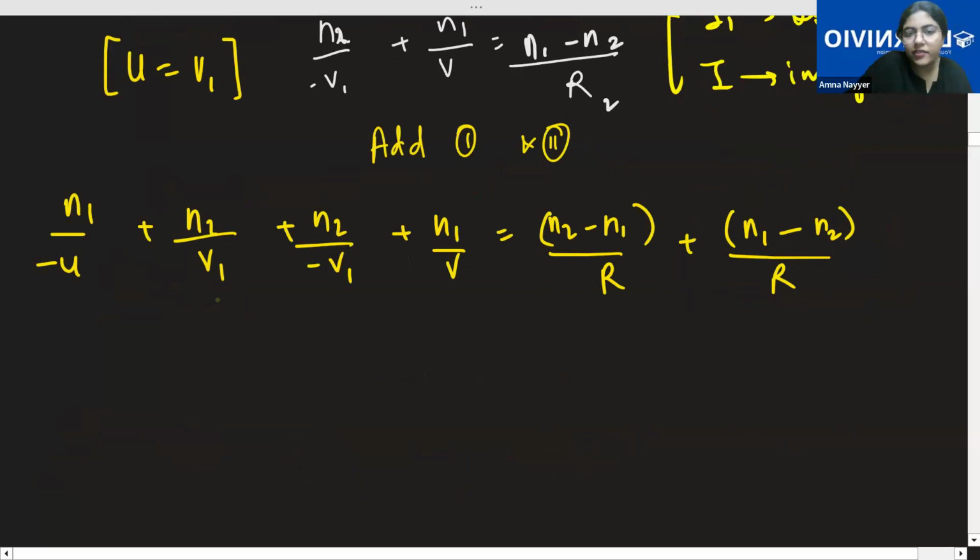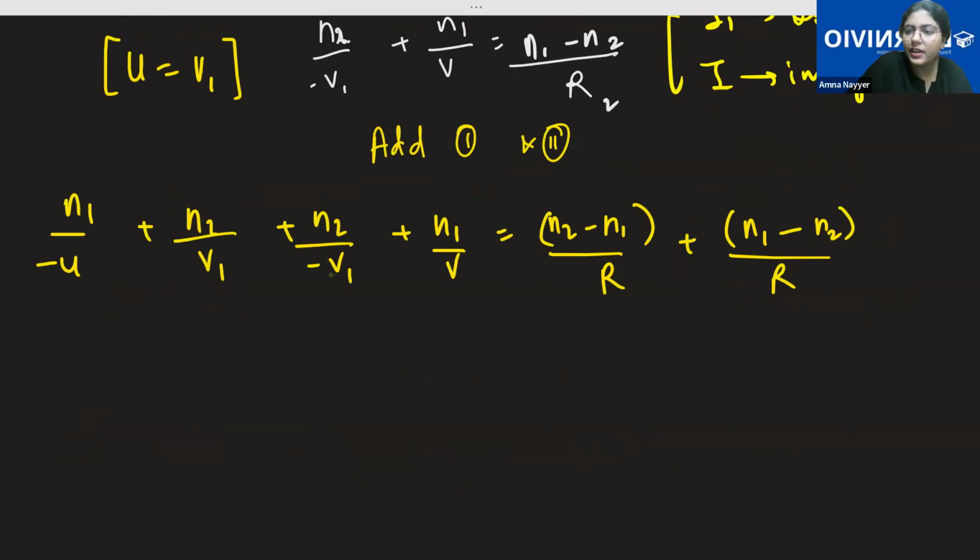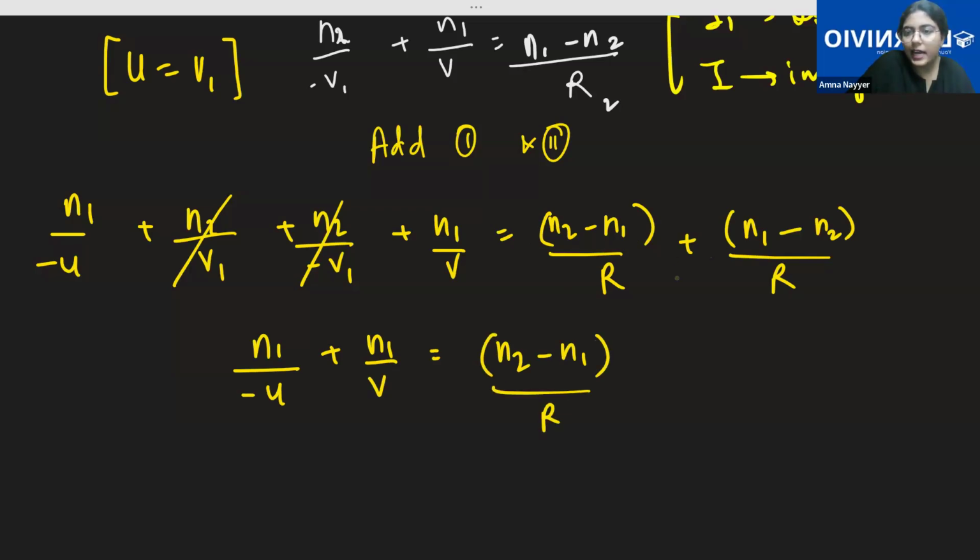Look, N2 by V1, N2 by minus V1. Same thing with a negative sign. It will be cancelled. So from here we'll have N1 by minus U plus N1 by V. From this side, I'll have N2 minus N1 by R. I'll put a negative sign here so that I can reverse this. Because I want to take things common.